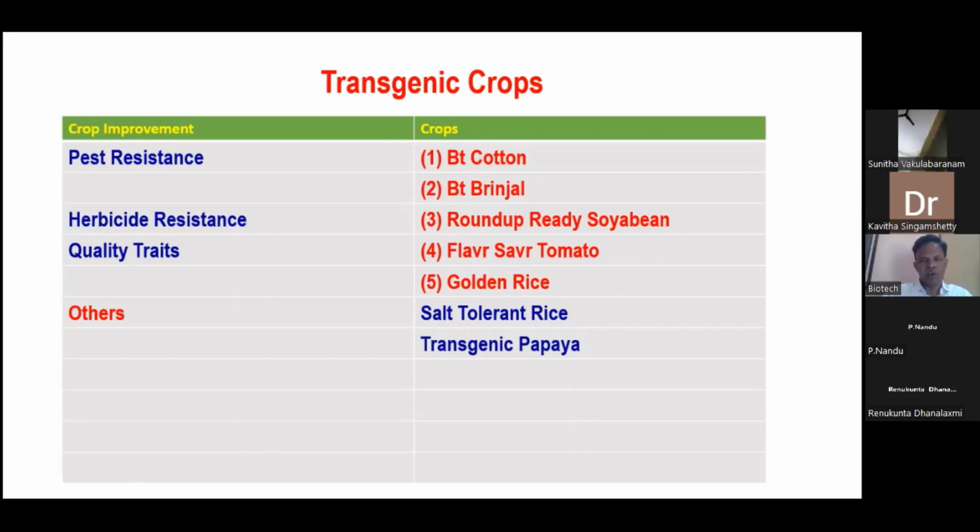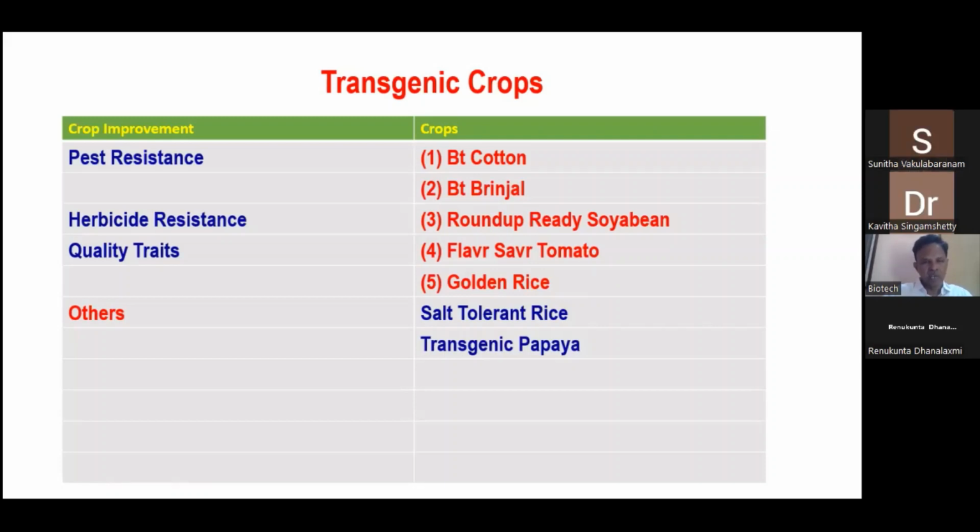Examples are BT cotton and BT brinjal; herbicide resistance, Roundup Ready soybean; then quality traits, we have Flavr Savr tomato and golden rice. So these 5 are present in our syllabus. I will be giving you a detailed introduction into how BT cotton, brinjal, soybean, tomato, rice have been engineered.